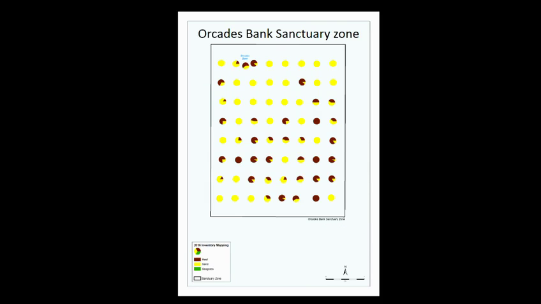So the guys went out and did some sampling with the videos over a couple of days, and just using this figure that is similar to the one you saw earlier. It's basically pie charts at each of the drop locations showing the proportion of reef and sand habitats. Even at this simple level, this was quite surprising to us.